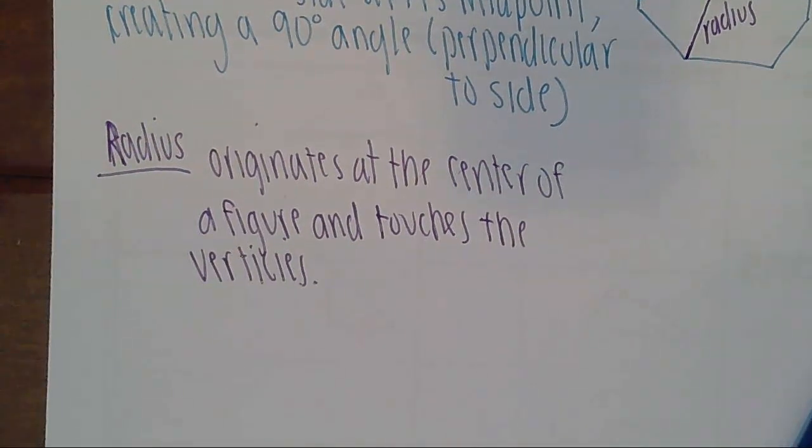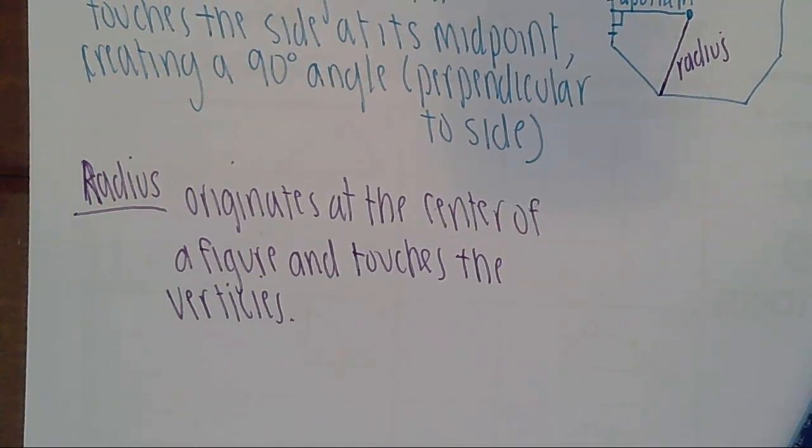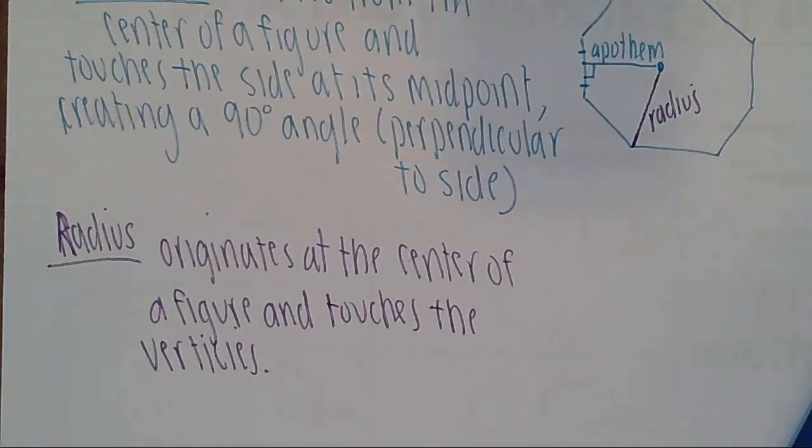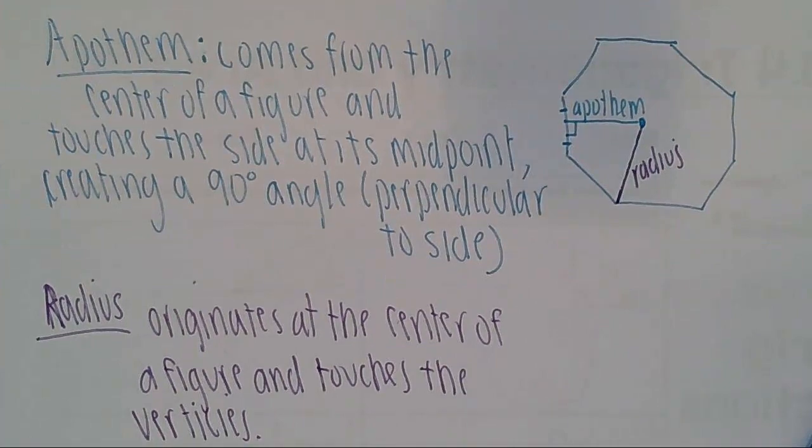Vertices, if you will, because it can have more than one radii. Okay, so here's our figure, apothem and radius.